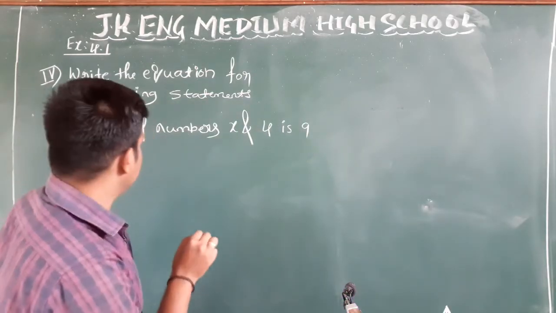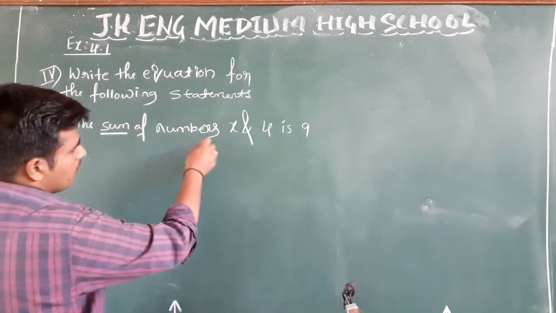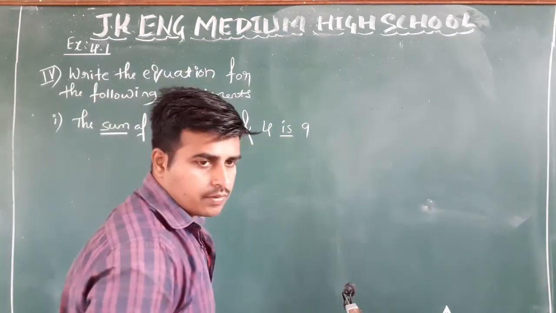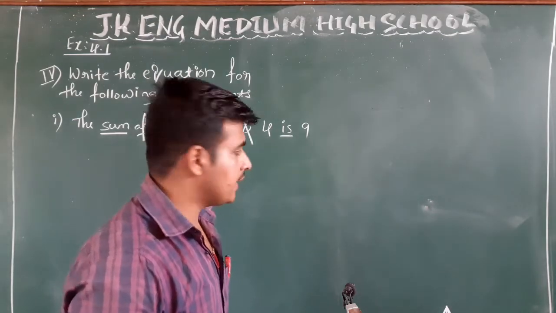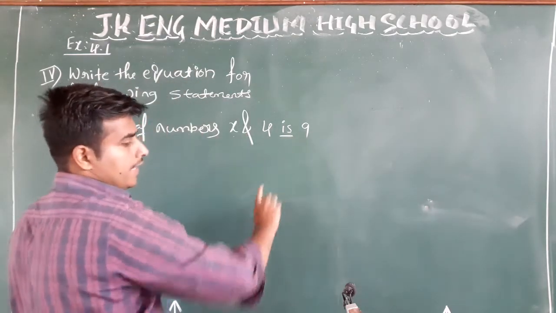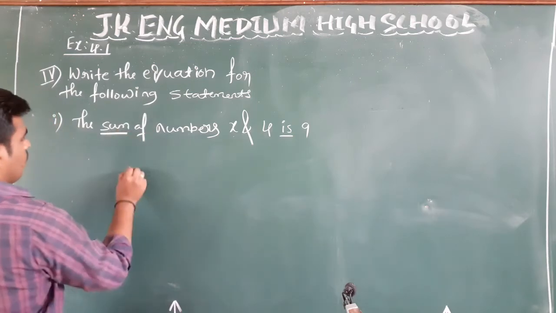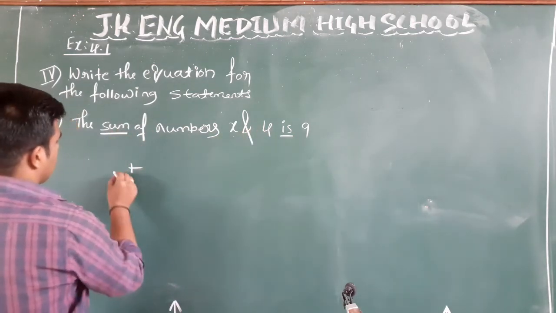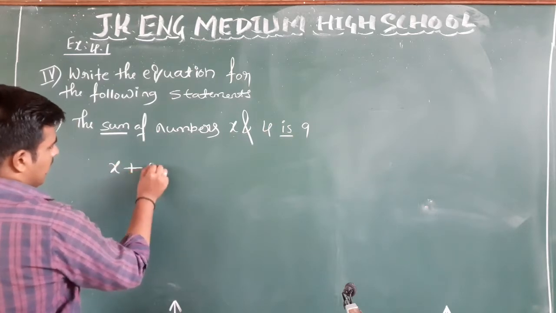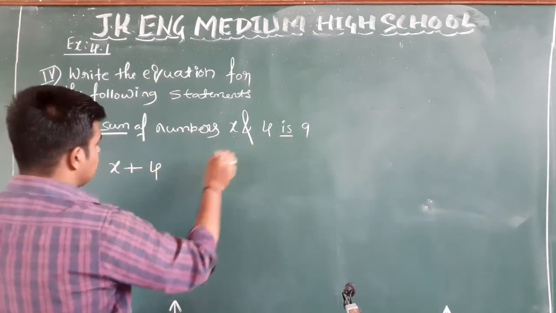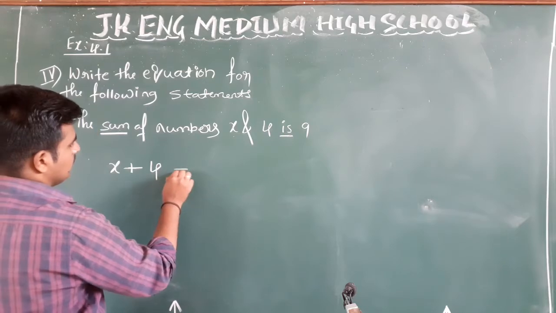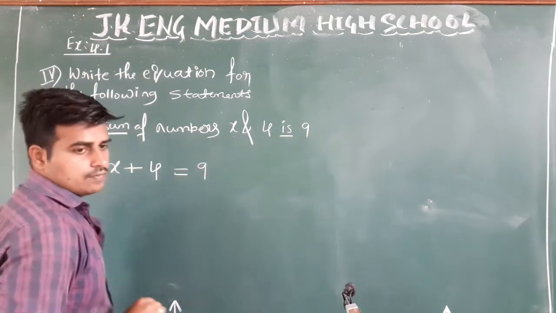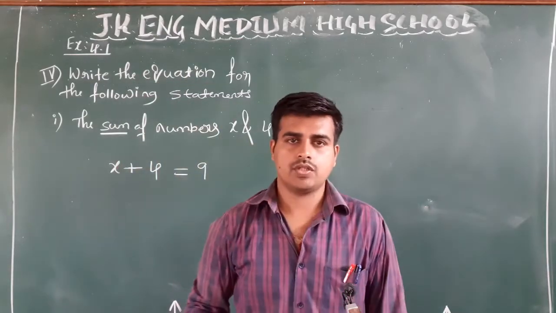Showing addition. The sum of numbers x and 4, is indicates the equality sign. 9. Very simple. Sum operation is there. Sum of what number? 4. X and 4 is, means equality sign. How much? 9. This is the equation.